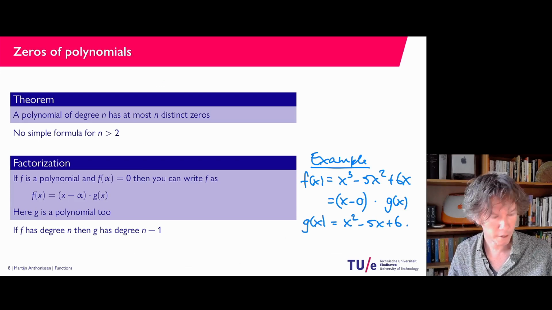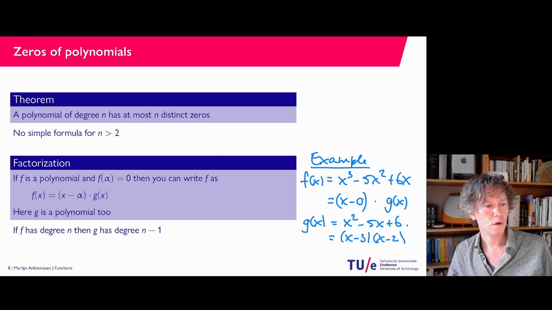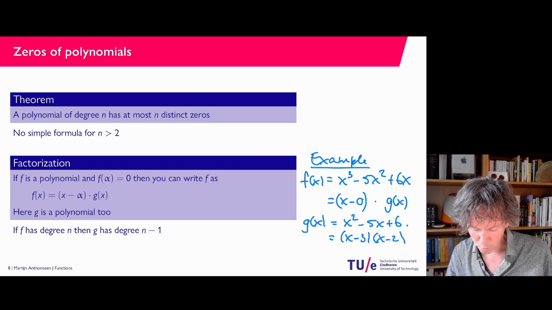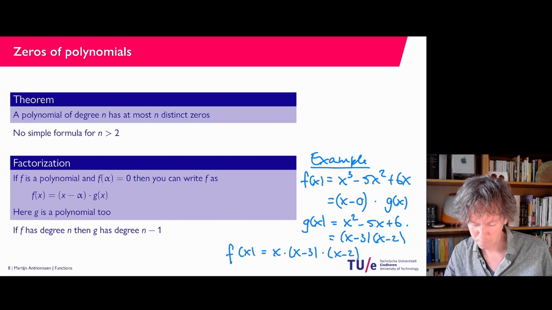And of course, I can also write this thing as, what do we have? x minus 3, x minus 2. So apparently we can write the original function f of x as x times x minus 3 times x minus 2.